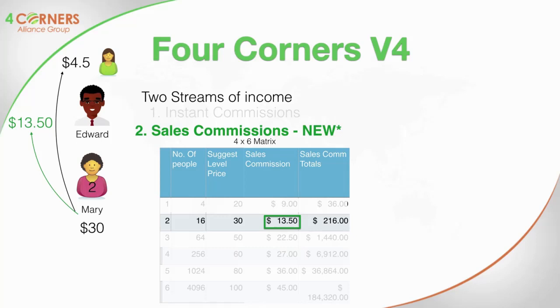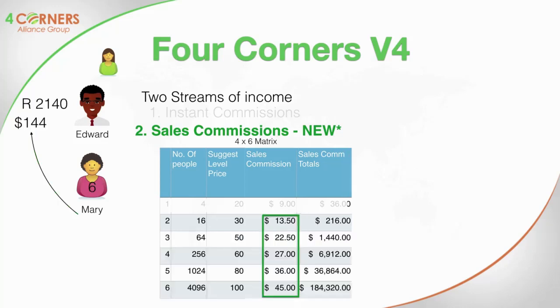However, Edward now gets the new sales commission, which for row 2 is $13.50. Once Mary upgrades all the way through to product set 6, Edward will have earned all of those commissions for all of those product set purchases. So Edward has earned $144, or roughly, at the time I did this recording, 2,140 Rand.